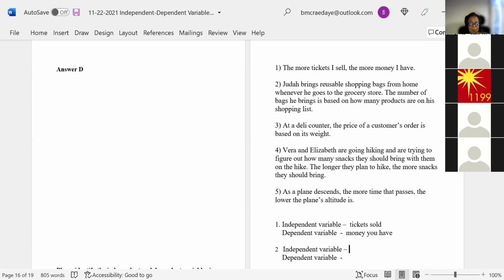Okay. Which one is the independent variable? Which one is the dependent variable? Your choices are the products on your shopping list or the number of reusable bags.